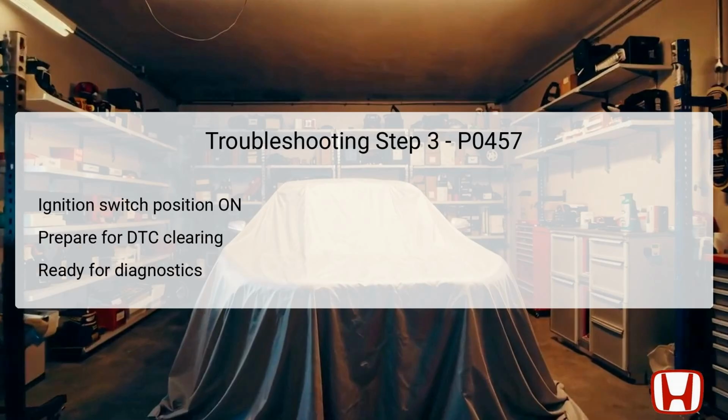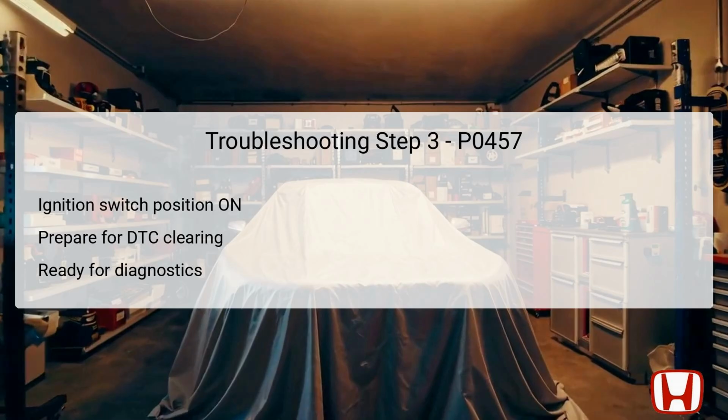The third step requires turning the ignition switch to the on position, designated as position 2. This action is essential to power up the vehicle's electronic systems without starting the engine. Setting the ignition this way prepares the vehicle for the next steps in the diagnostic process, including communication with the Honda Diagnostic System, HDS.